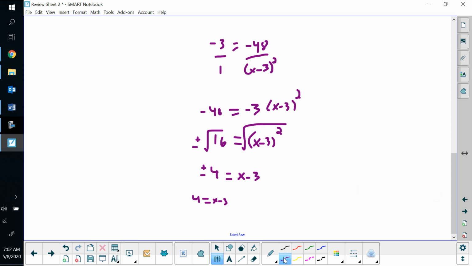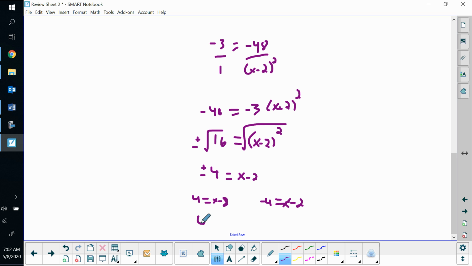And I didn't switch, hold on one second. I didn't switch the x minus 3 here. Sorry about that. So that's x minus 2, x minus 2, x minus 2, x minus 2, and x minus 2. Okay, so we have 4 equals x minus 2, negative 4 equals x minus 2.